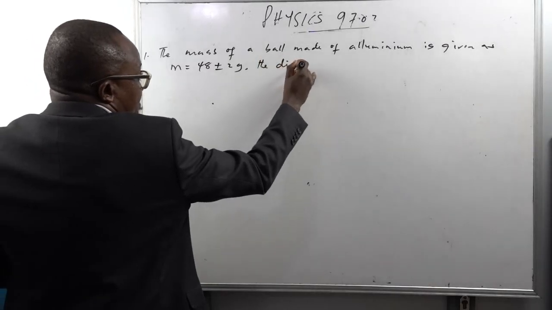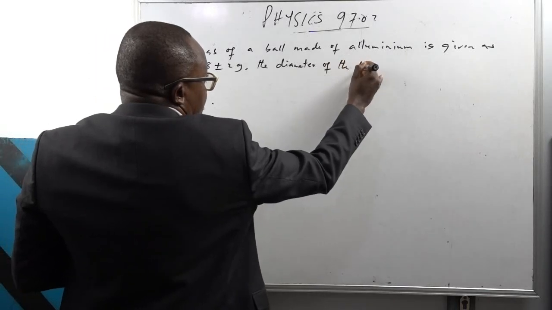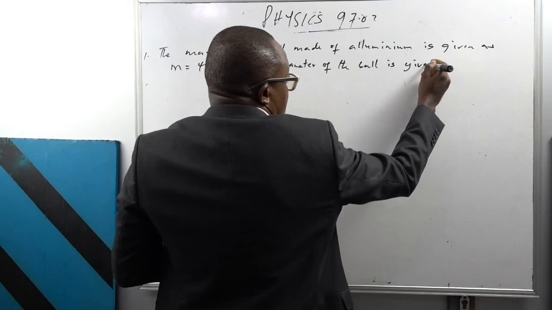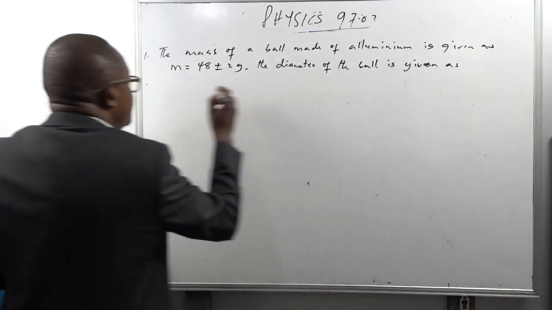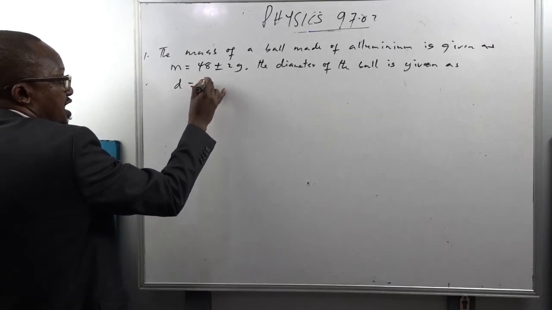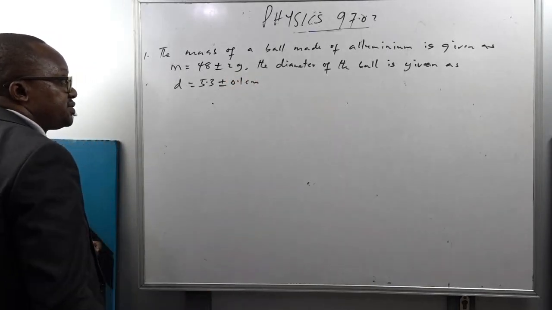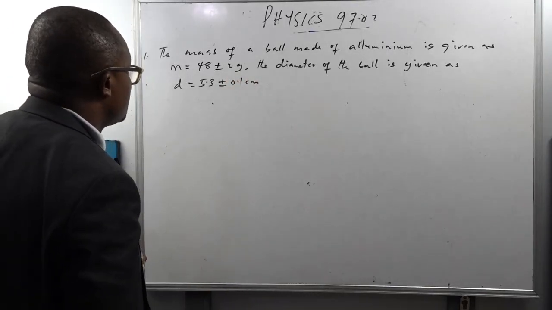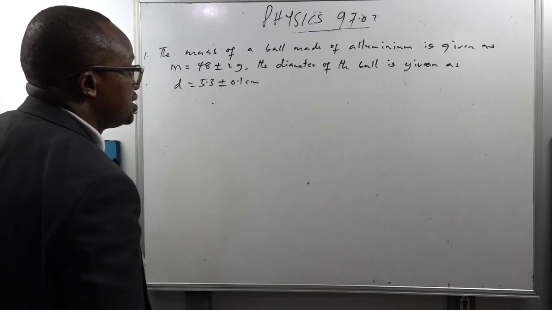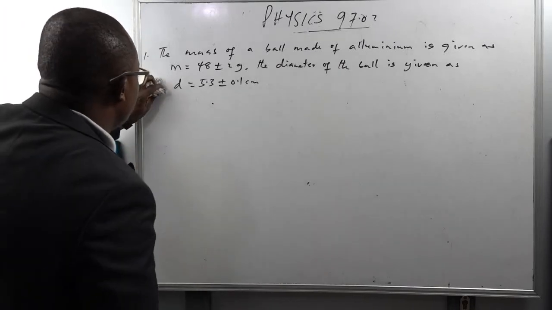The diameter of the ball is given as D equals 5.3 plus or minus 0.1 centimeters. This basically shows that the diameter was measured using a meter rule.